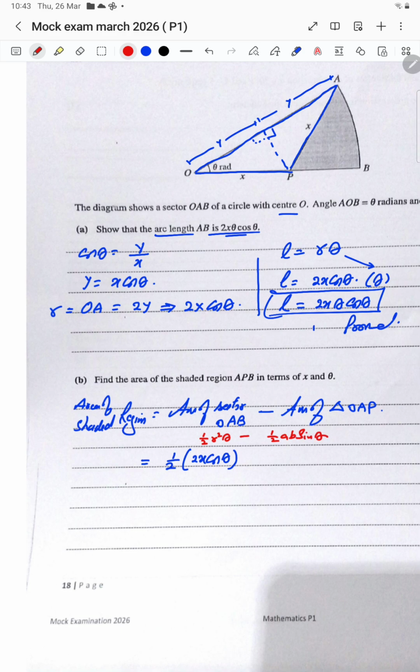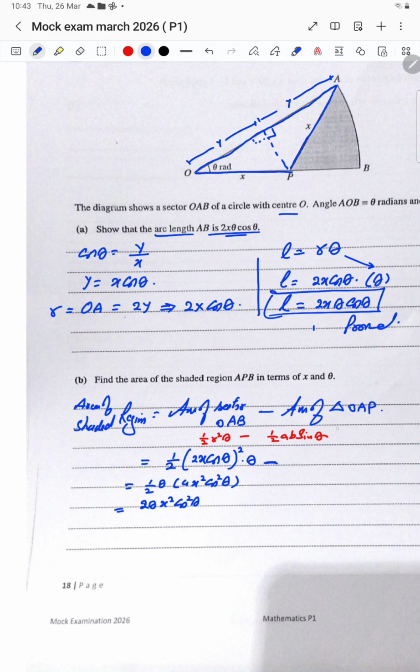So here this r square and theta give me 1 by 2 theta times 4x square cos square of theta. Further simplifying, 2 theta x square cos square of theta.